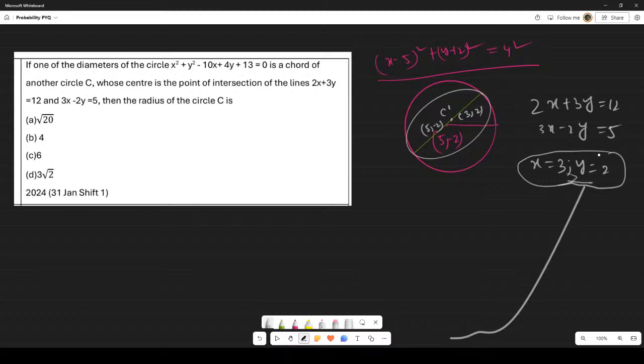Another thing, does C2 lie on this line? Is it given? This is a chord, no? Why would it go there? It cannot lie over there. This is a chord. So draw a better circle. Otherwise it will remain confused and you will get a wrong answer.